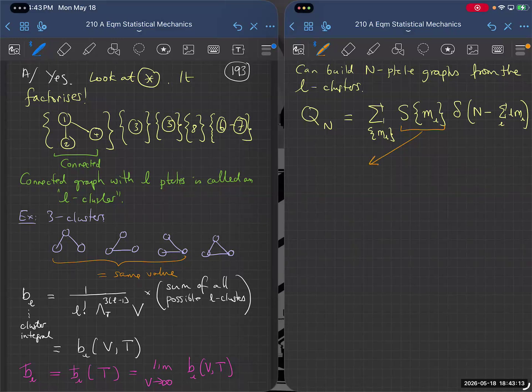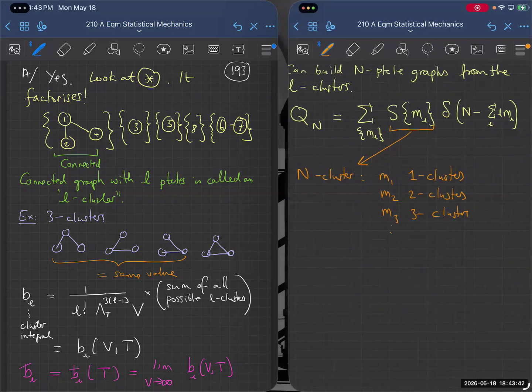So this thing here is, I take an n cluster and I say that it contains M1 1-clusters, M2 2-clusters, M3 3-clusters, etc. And then since I have n particles, n must be equal to the sum over L equals 1 to n of L times M_L.